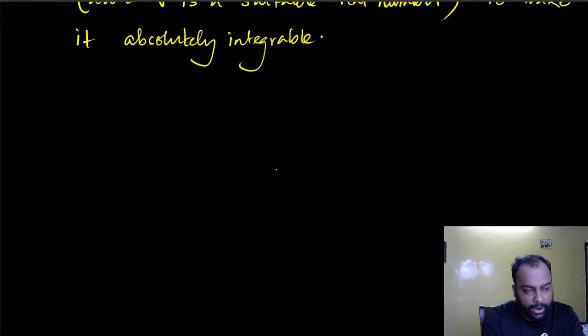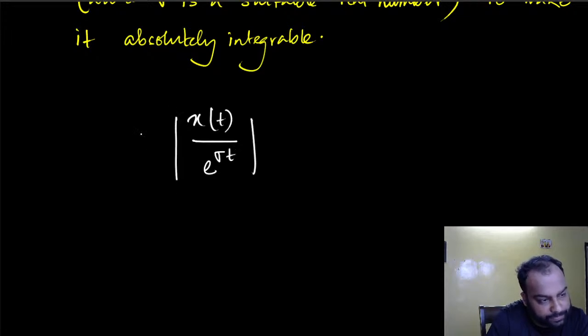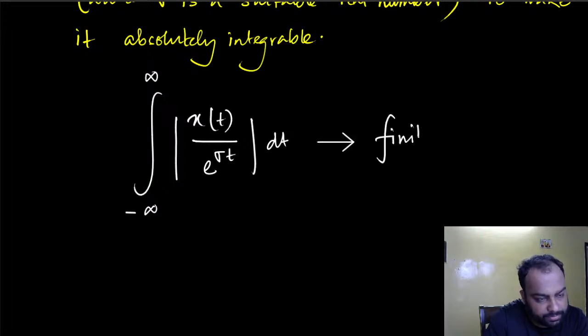So the point is, this signal itself wasn't absolutely integrable, but this signal is absolutely integrable, right? This signal was absolutely integrable, so this was finite. Finite means less than infinity, so absolutely integrable, right?